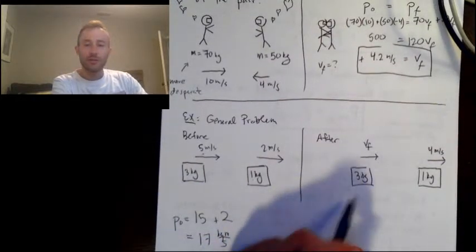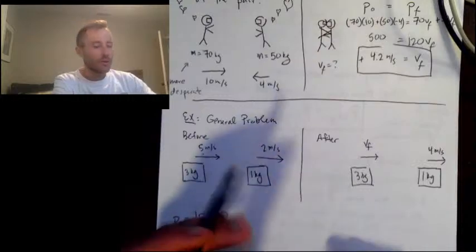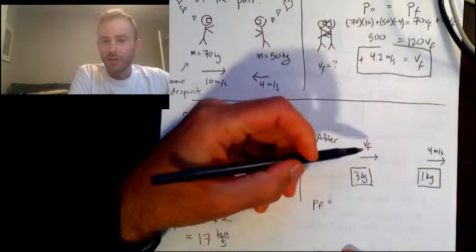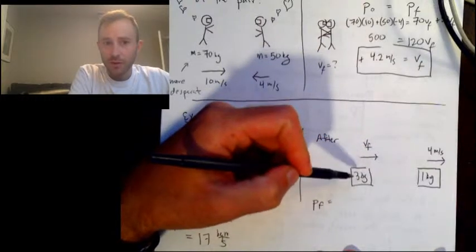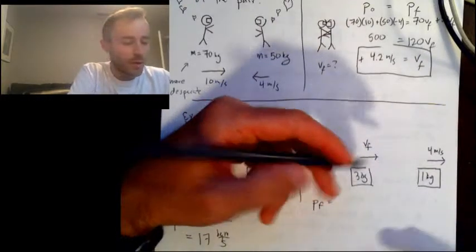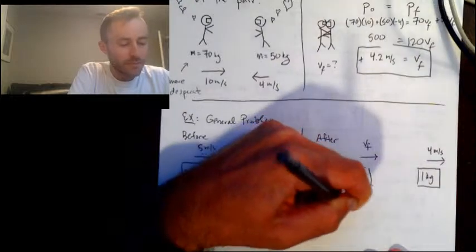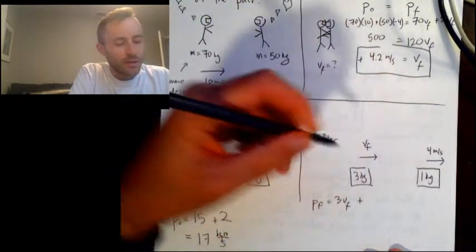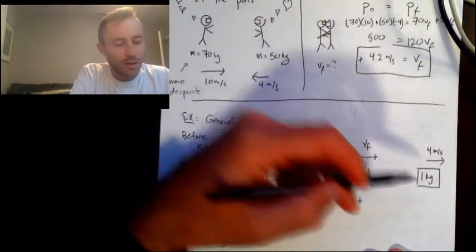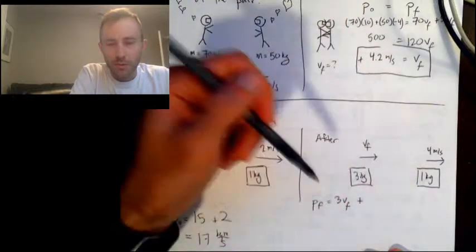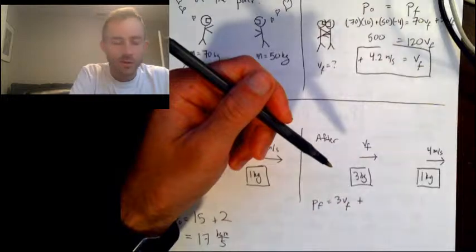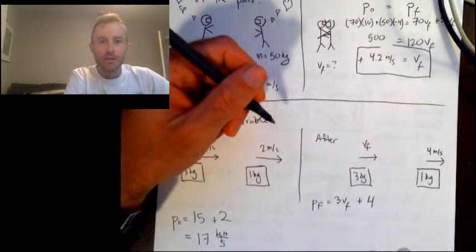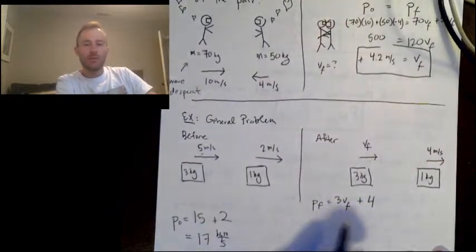The final momentum is going to be: the 3 kilogram mass has an unknown velocity, so we're just going to write its momentum as 3 v final. And the other one has a momentum of 1 kilogram going to the right at 4 meters per second, so that's 1 times 4, 4 kilogram meters per second. Okay? So this is an expression for the final momentum.